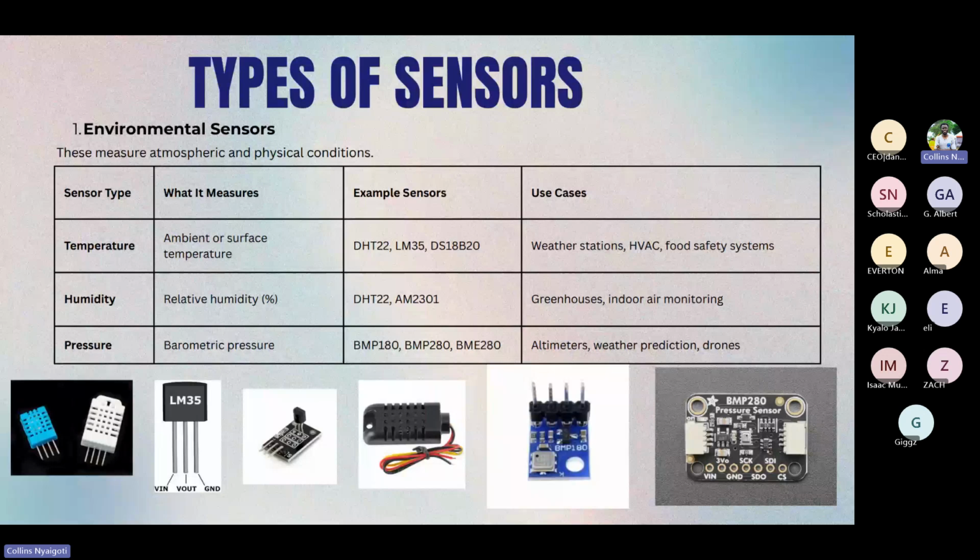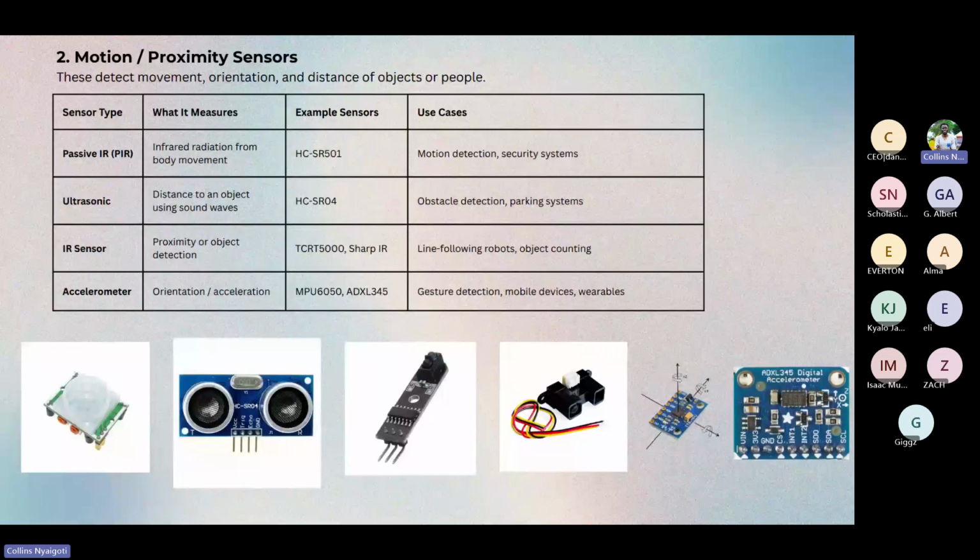There are motion and proximity sensors. These detect movement, orientation, and distance of objects and people. From the name itself, motion and proximity, the sensor types are passive infrared, or PIR, sensors. They measure infrared radiation from body movement, and an example of this sensor is the HC-SR501.